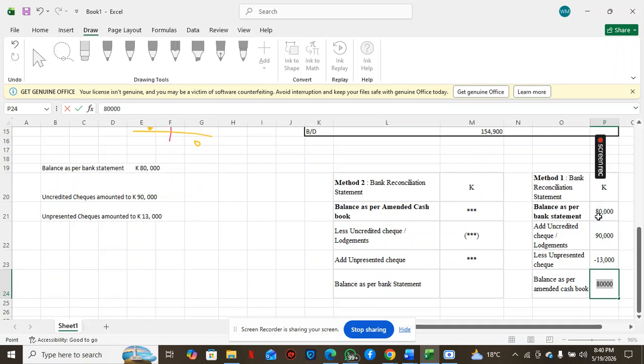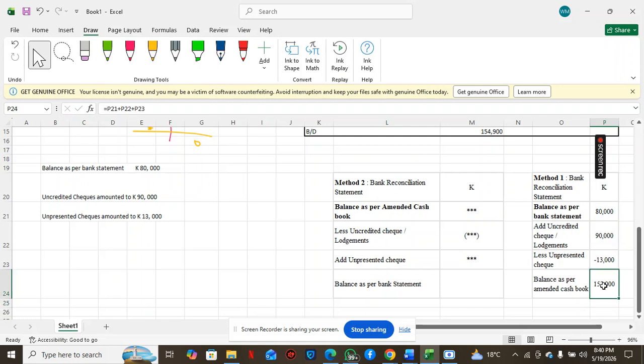So now here we don't have any amended cash book, so we'll just get this balance regardless. So 80,000 plus 90,000 minus 13,000, which is the unpresented checks. You get 157,000.